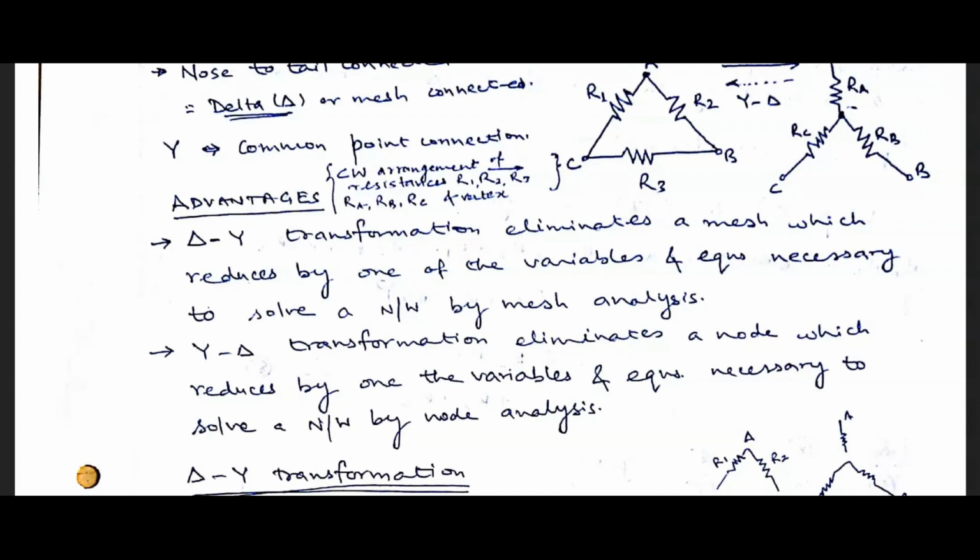So what is the difference between the delta of the geography and delta of the mathematics and delta of the electrical engineering, or you can say what is the similarity between them? Similarity is that every one of these concepts is denoted by a triangular shape.